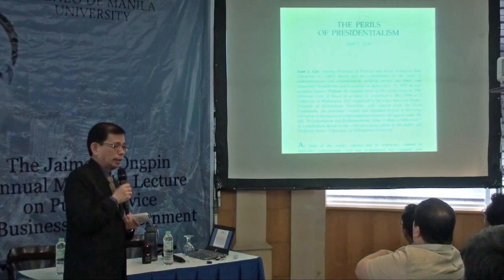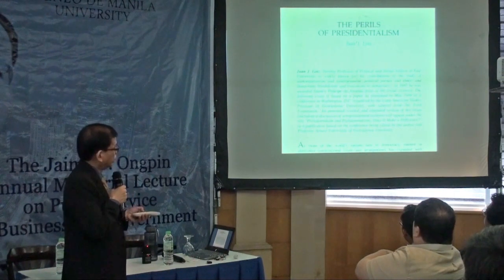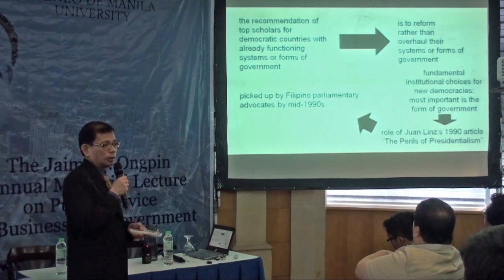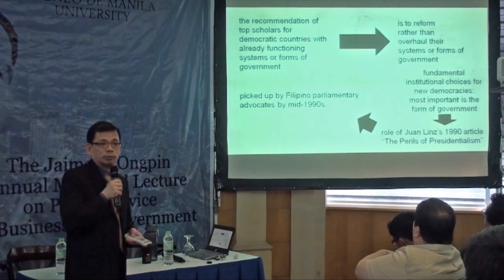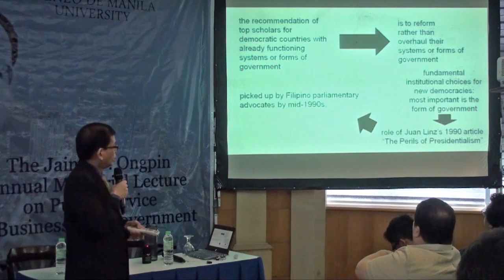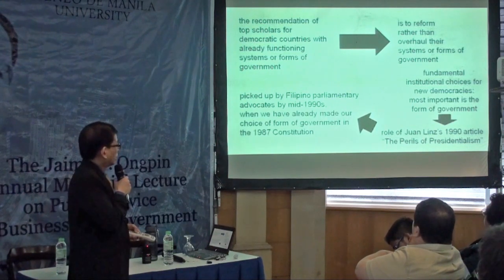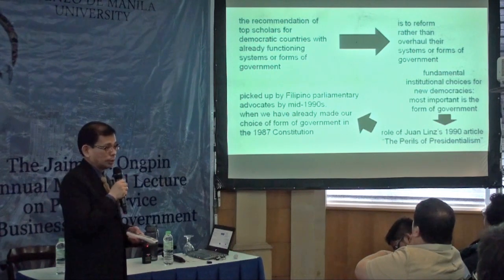We have the 1990 work of Juan Linz. This article would be picked up by Filipino parliamentary advocates by mid-1990s, when ironically, we have already made our choice of form of government in the 1987 Constitution.